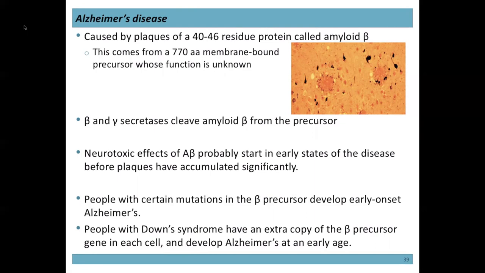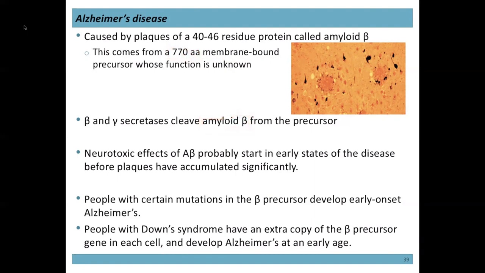This amyloid beta protein actually comes from a 770 amino acid membrane-bound precursor, and they're not sure of the function of it. Then we have enzymes, secretases, that cleave a small fraction of this membrane-bound protein and get the amyloid beta right there.